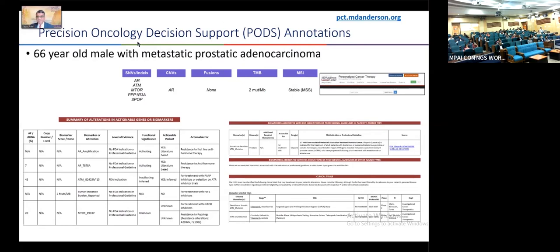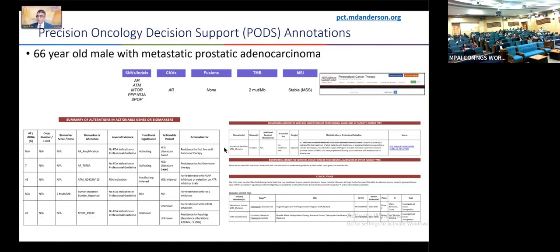So we developed a system called the Precision Oncology Decision Support System in partnership with our Institute for Investigational Cancer Therapeutics group, where we are able to look at different variants and identify suitable therapeutic targets, guidelines, FDA guidelines, and so on. So this is again a very important component.